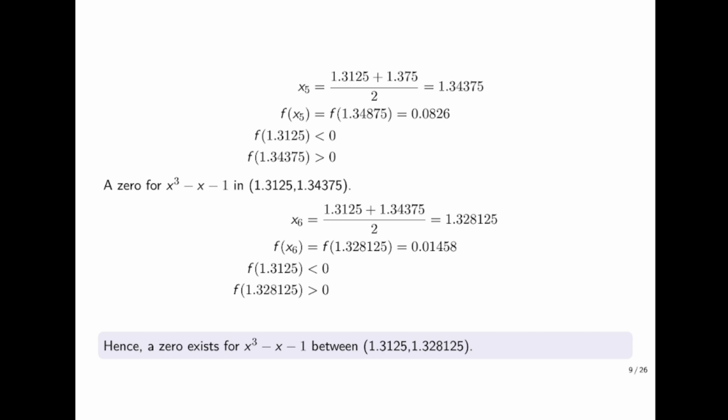Now there is a natural question: how many steps should you continue? If you get 0 in between, you can stop there. If you are not getting 0, what will you do? One method is to fix your interval length. I want my interval length to be this small, so up to that you will go. Another method is easier to work with.